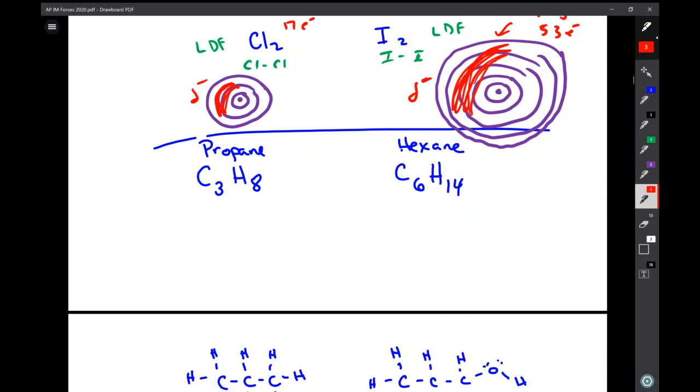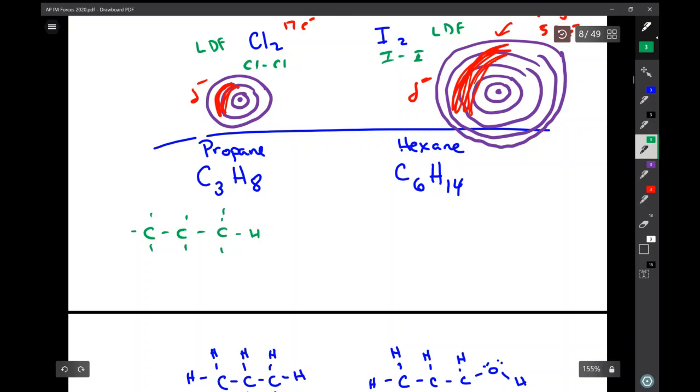Okay. Same thing here, propane and hexane. Propane is C3H8: 2, 3, 4, 5, 6, 7, 8. These are all hydrogens here. So that's propane. Hexane: 3, 4, 5, 6.